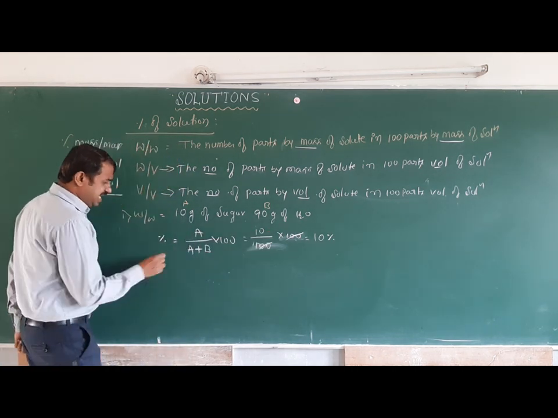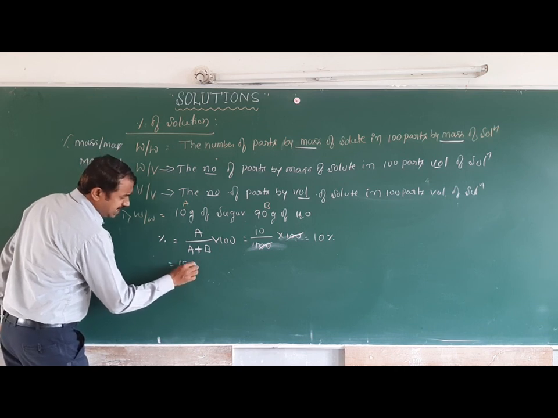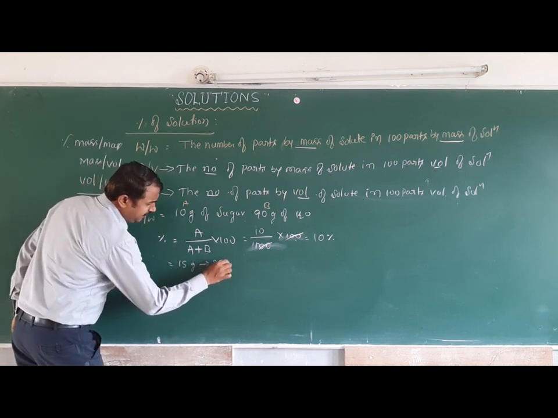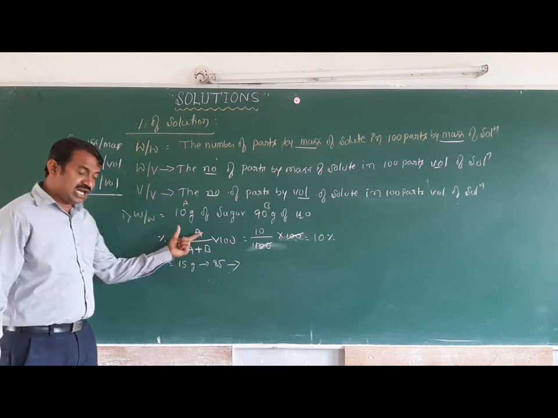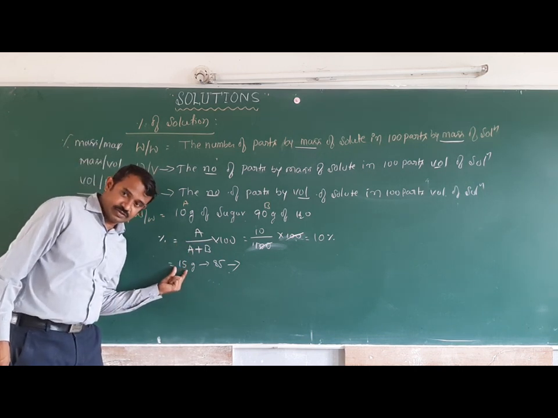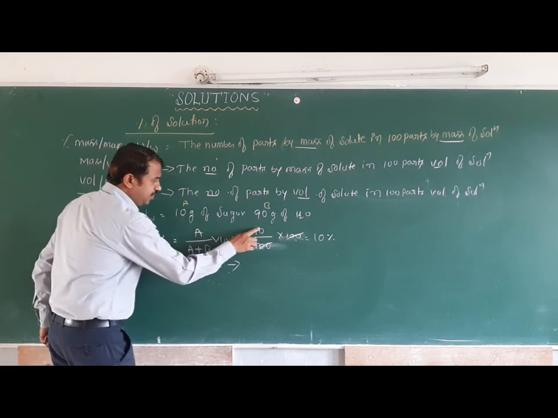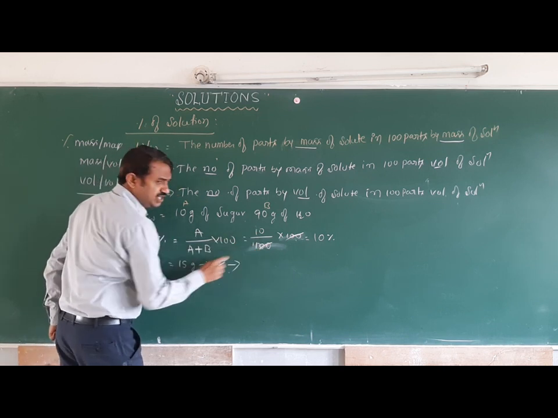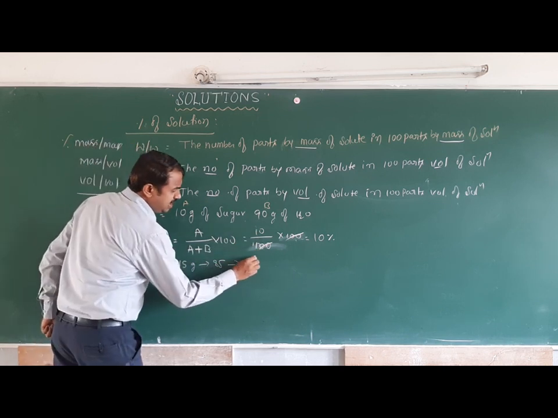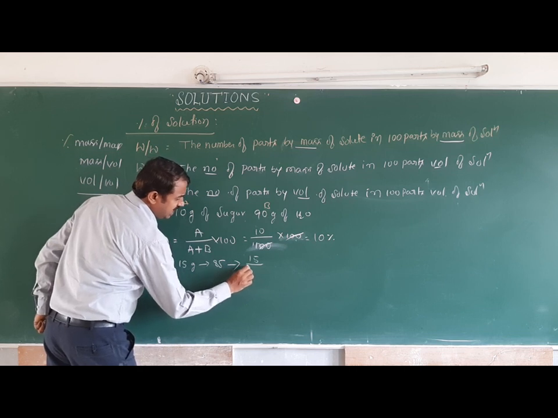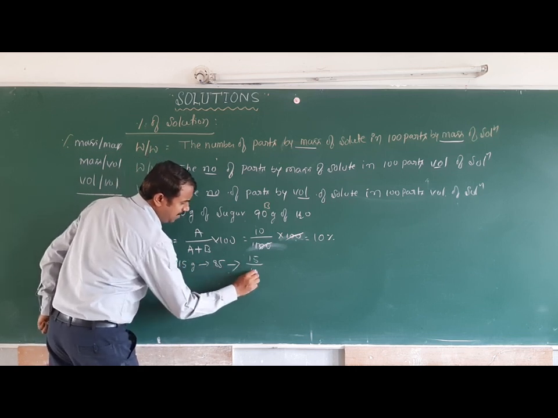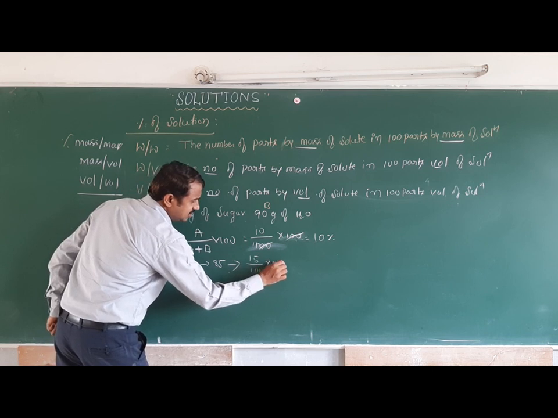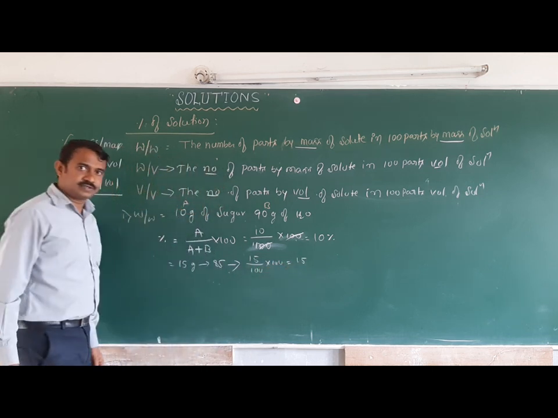Or take 15 gram dissolved in 85 gram: 15 divided by 15 plus 85, which is 100, into 100, giving 15%.